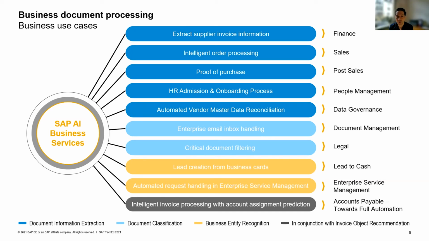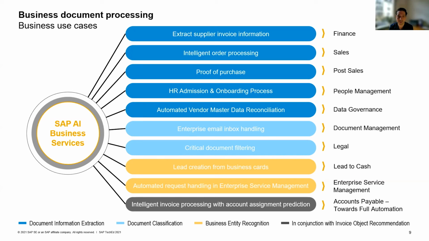We have seen also use cases in the HR domain. So here, especially in the domain of employee onboarding and admission process, I would like to focus on this use case in a second in more detail. We have also seen use cases related to master data governance, since document information extraction also provides enrichment and matching capabilities with master data.